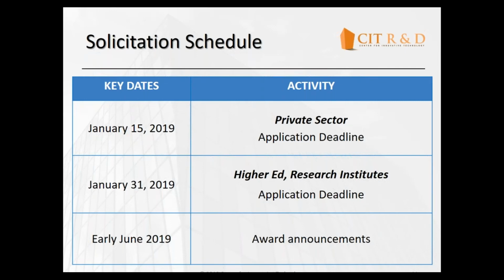Deadlines are firm and late submissions will not be accepted. Given that our program is only available for Virginia organizations, I assume that everyone understands that our deadlines are Eastern Standard Time. For the FY19 solicitation, award announcements are expected in early June of 2019.